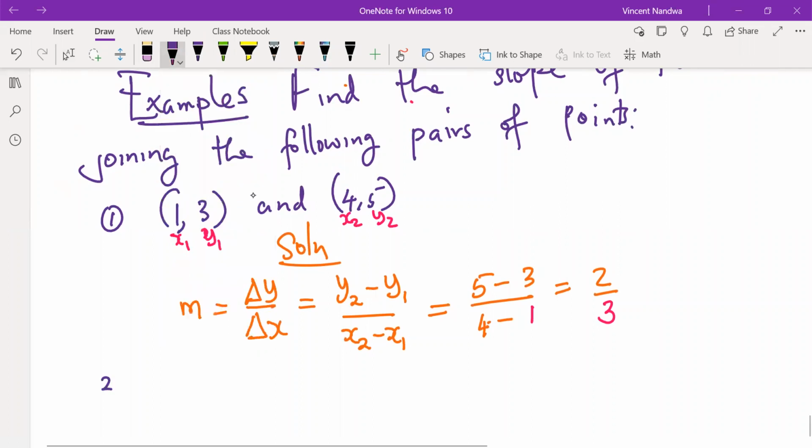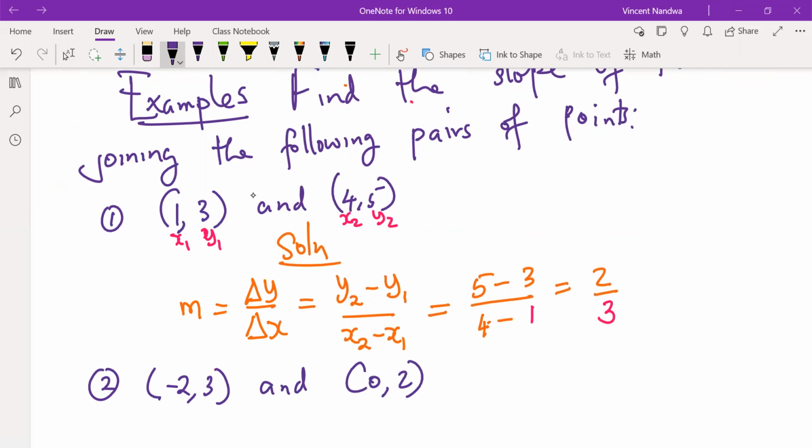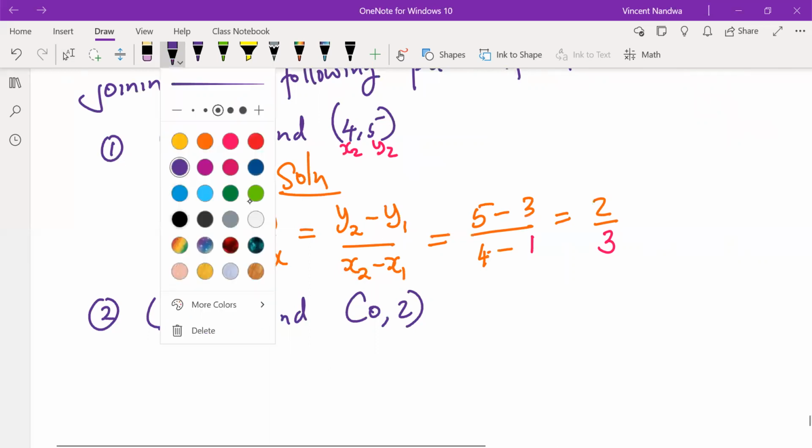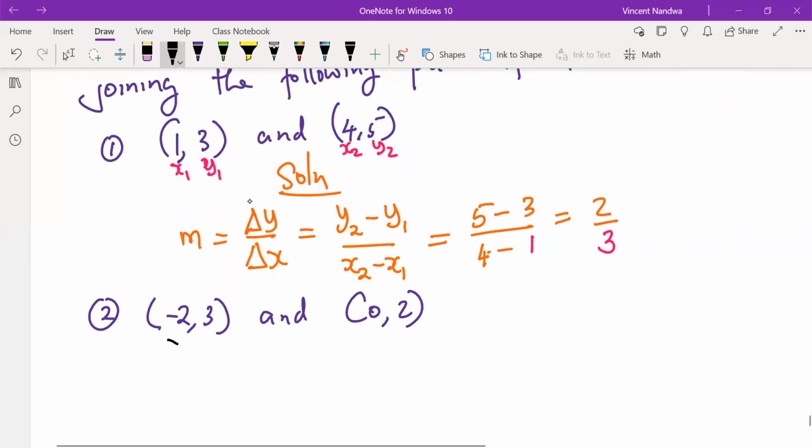Number 2: (2, 3) and (0, 2). We can label this as x1, y1, x2, y2.